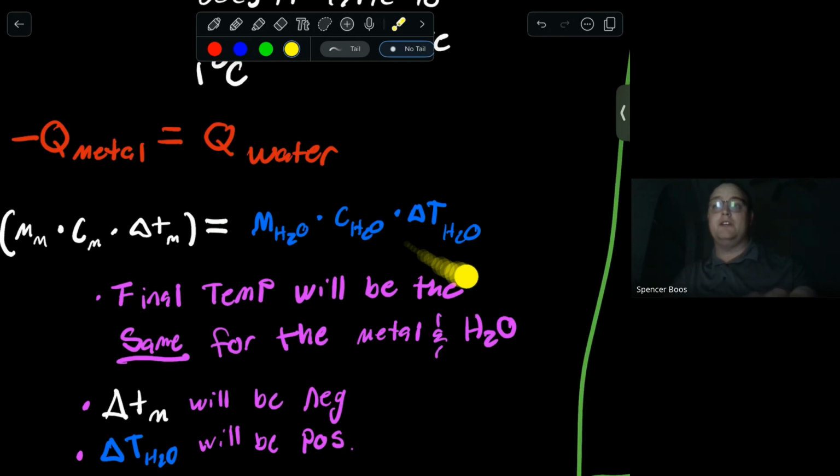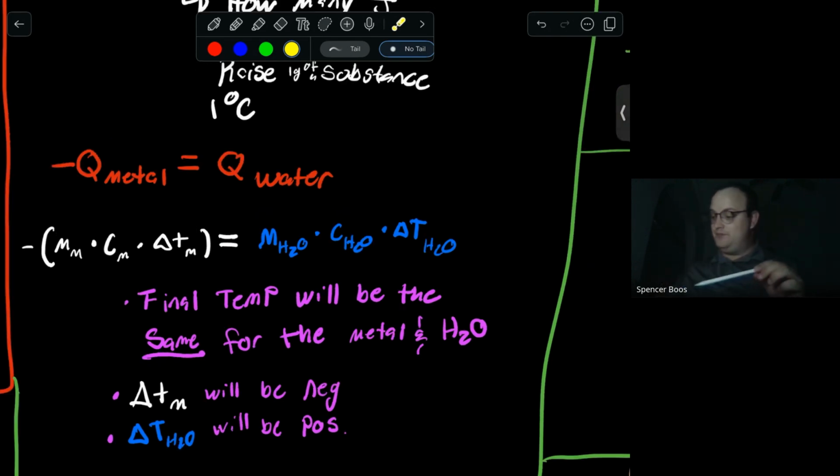Can you go over how to identify? Yep, we've done that. If you've got Q water, need to solve for the delta T of the metal, what do you do with the final number? Do you add or subtract? If you're trying to find delta T of the metal, it would be division, because you need to isolate delta T at the end. Can you do an example with negative Q metal is equal to positive Q water? Sure.